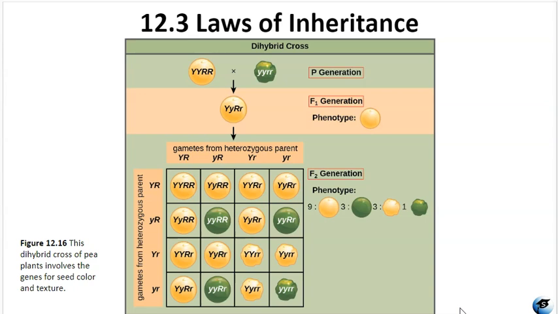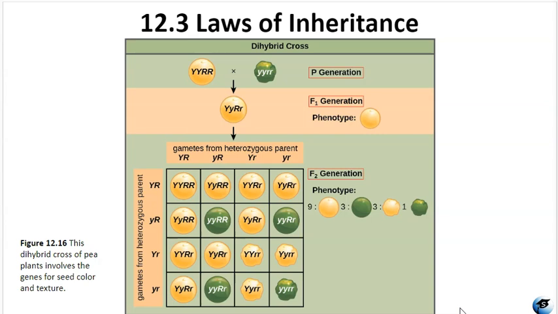Due to independent assortment and dominance, we can collapse the 9:3:3:1 dihybrid phenotypic ratio into 3:1 ratios, similar to what you would see for a monohybrid cross following a dominant and recessive pattern. By focusing only on seed texture or seed color, we would anticipate that 3/4 of the F2 generation will exhibit the dominant trait, while 1/4 will exhibit the recessive trait. These are independent events, allowing us to apply the product rule.